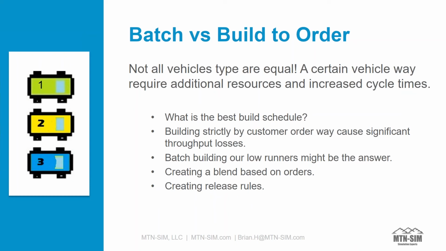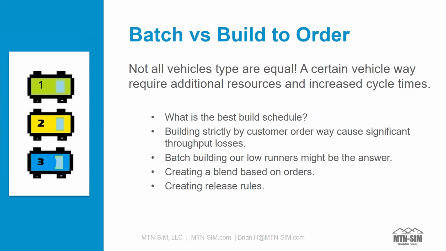So when we look at a set of vehicles, in this example, we have 3 different vehicle types, and like we just discussed, not all vehicle types are equal. They're going to have different cycle times, require different subcomponents. So scheduling is very important and usually requires quite a few different what-if scenarios.